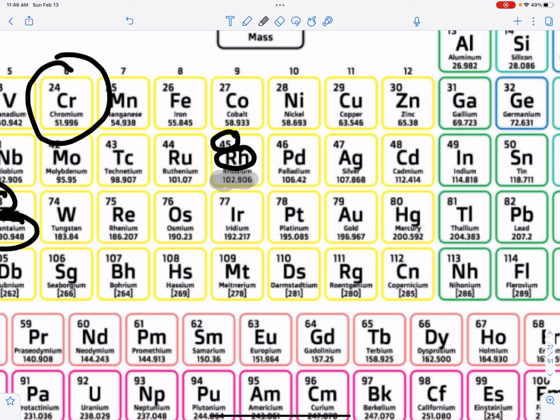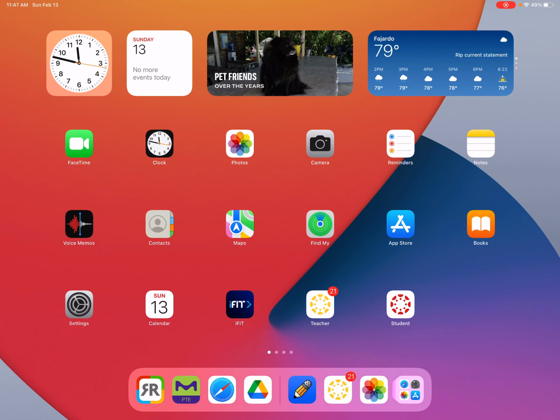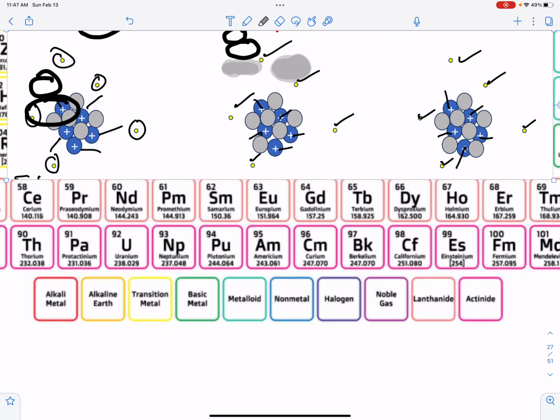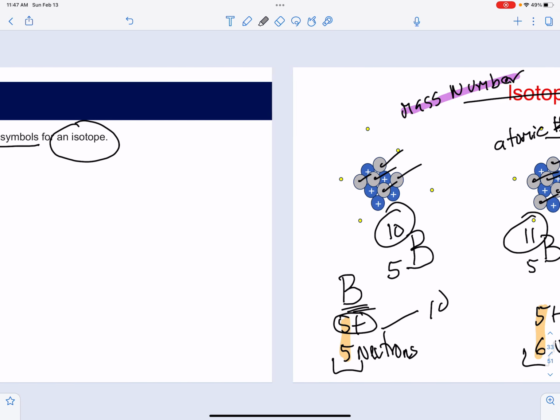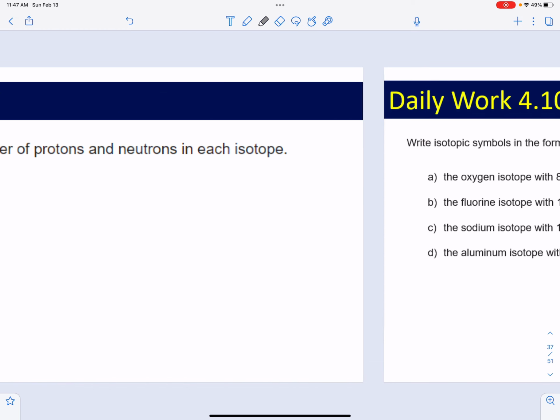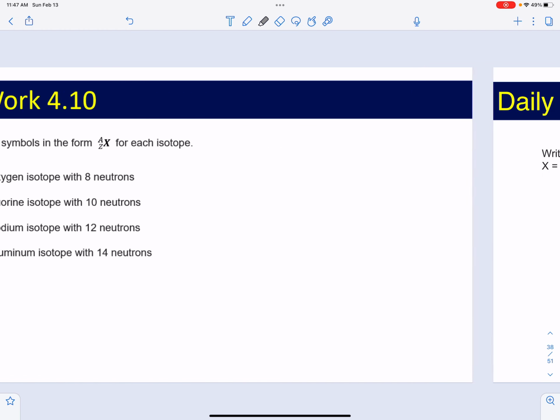For example, let's look at palladium. When you put all the isotopes of palladium together that you find on any sample on this planet, they're going to give you this number. So this is going to be their average number. So let me show you how we're going to do that. The way we're going to do that is by considering the percentage that you have of each one and working on that.